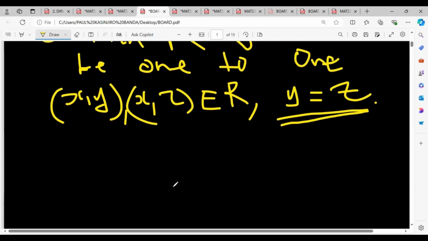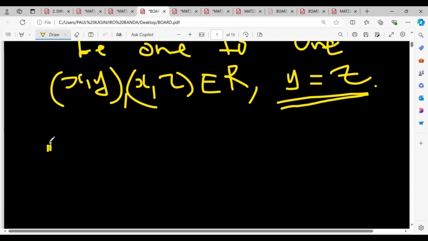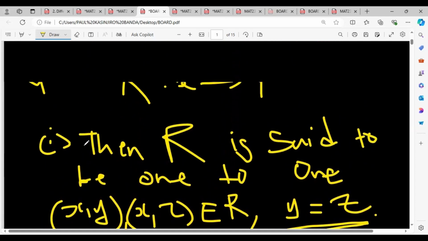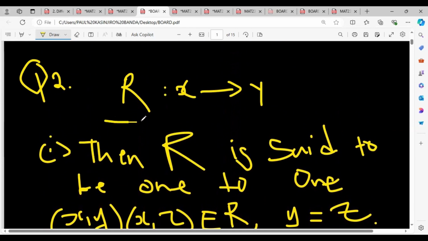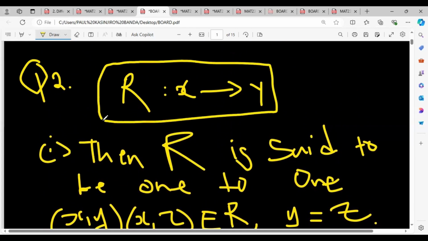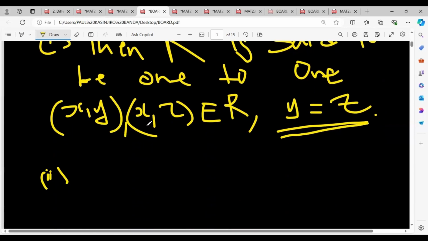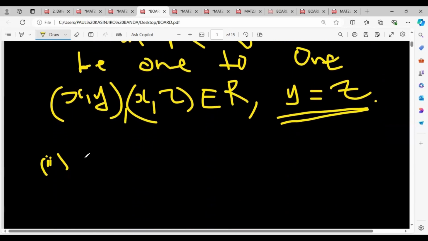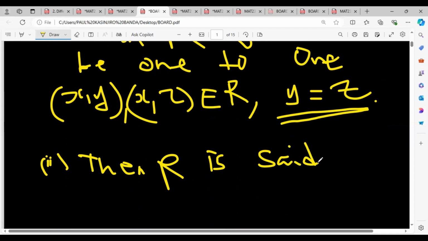So this is the definition of a one-to-one. And then we try to define what an onto relation is. If I have a relation, which is a mapping from set X to set Y, then that relation is called an onto relation if the following condition is satisfied.